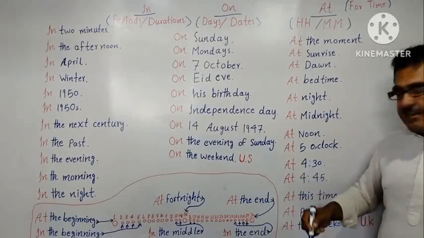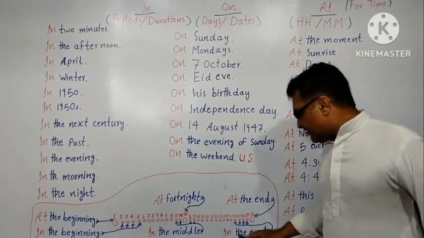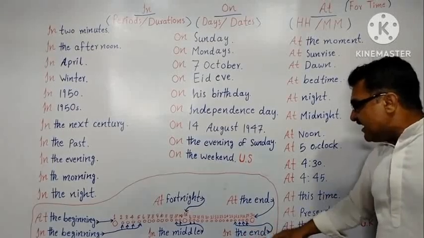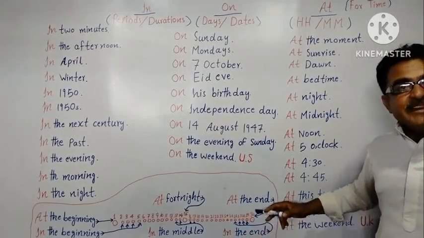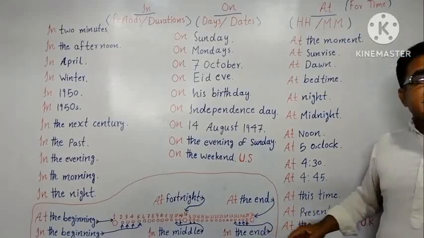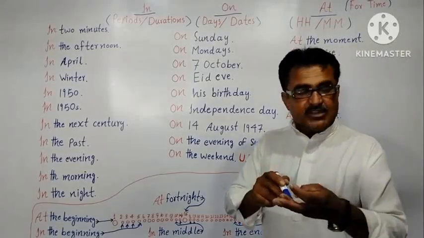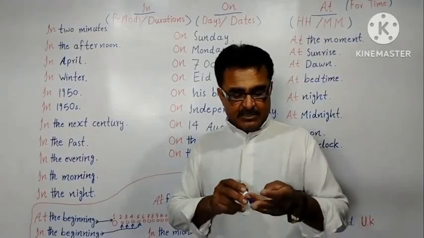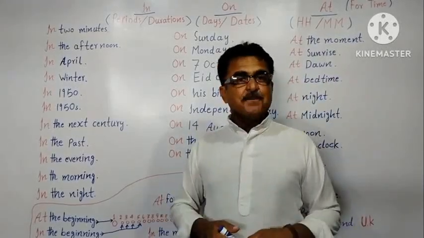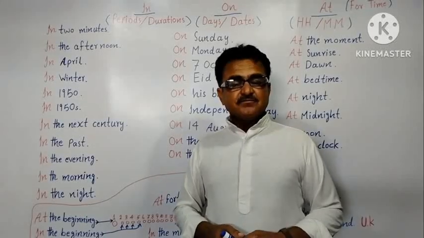Like when we say we pay the bills in the end of the month, it means it can be the 26th day of the month, 27th, 28th, 29th day of the month. So in this way we say.